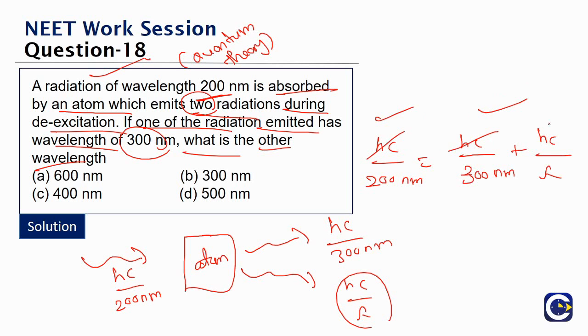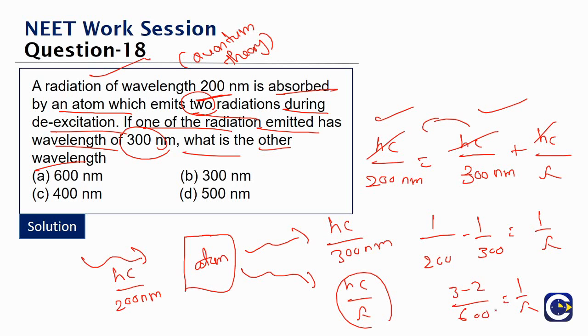On both sides hc will cancel. So we bring this 1 by 300 to the LHS. What you have is 1 by 200 minus 1 by 300 is equal to 1 by lambda. If you take the LCM, which is 600, it will be 3 minus 2 by 600 is equal to 1 by lambda, which means 1 by 600 is equal to 1 by lambda.